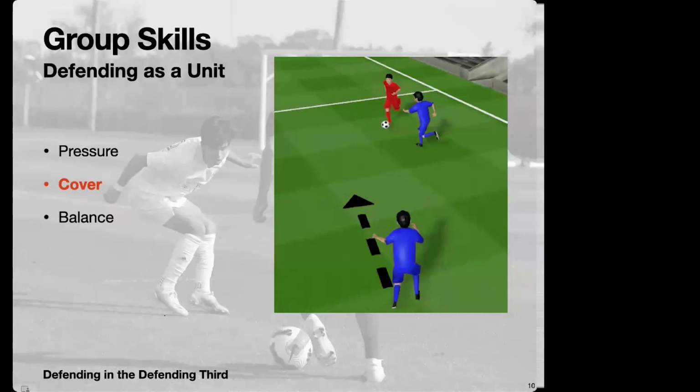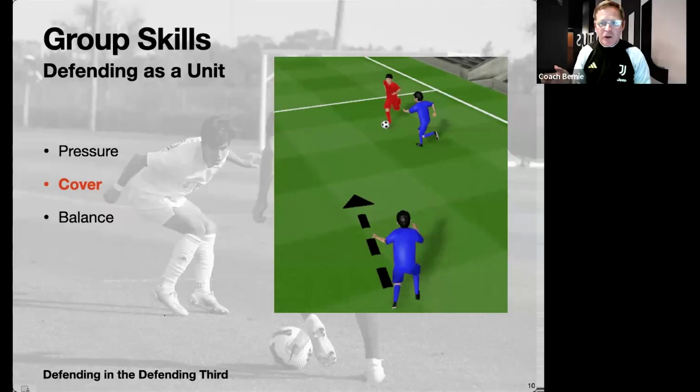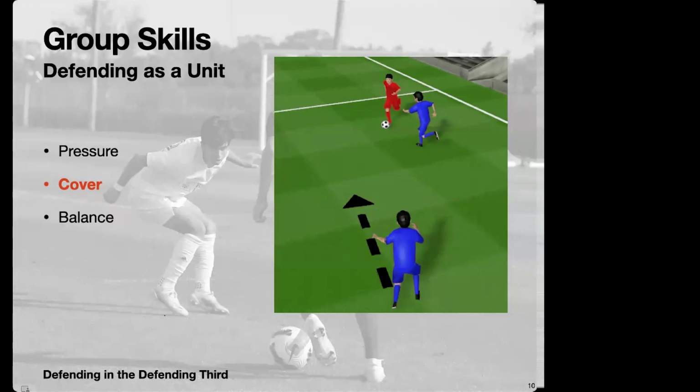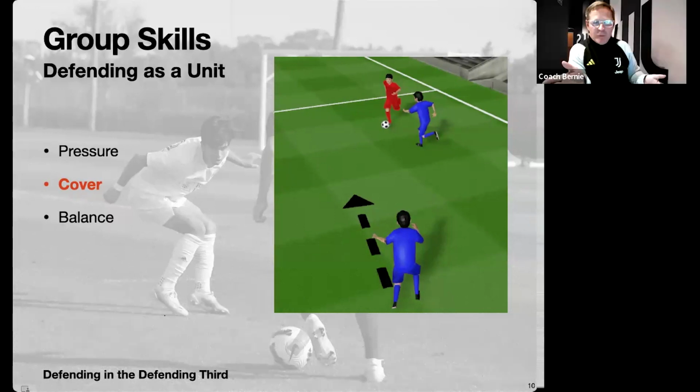If that player is playing that player inside, right? Which side of the pressure player does the cover player need to be on, if he's going to do his job and jump in and win the ball? Oh, the left side. The left, right? He's got to be on the left.